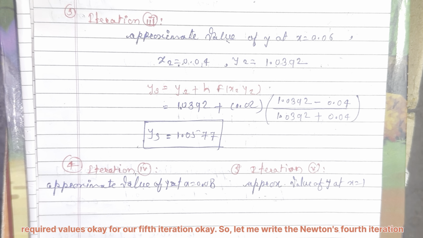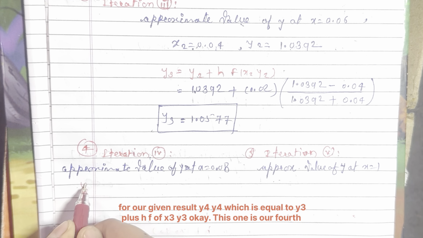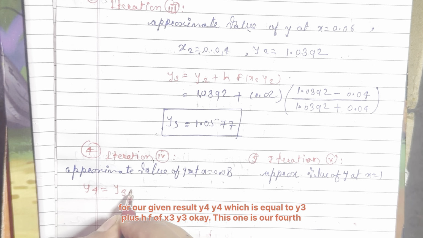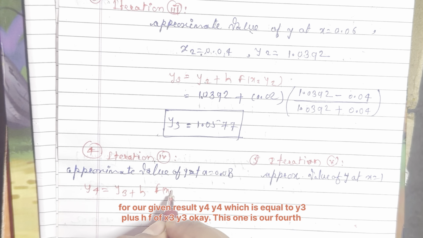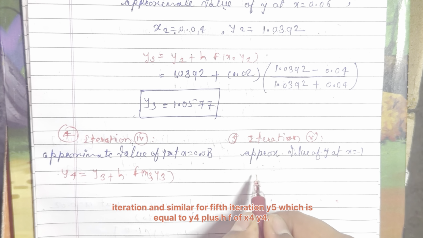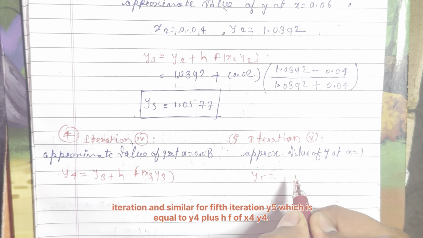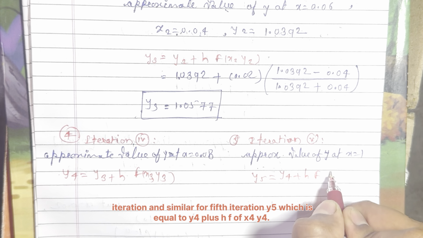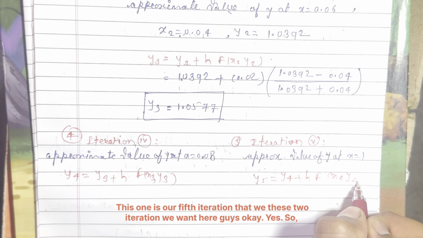So let me write Euler's fourth iteration for our given problem: y4 is equal to y3 plus h f of x3 y3. This is our fourth iteration, and similarly for the fifth iteration, y5 is equal to y4 plus h f of x4 y4.